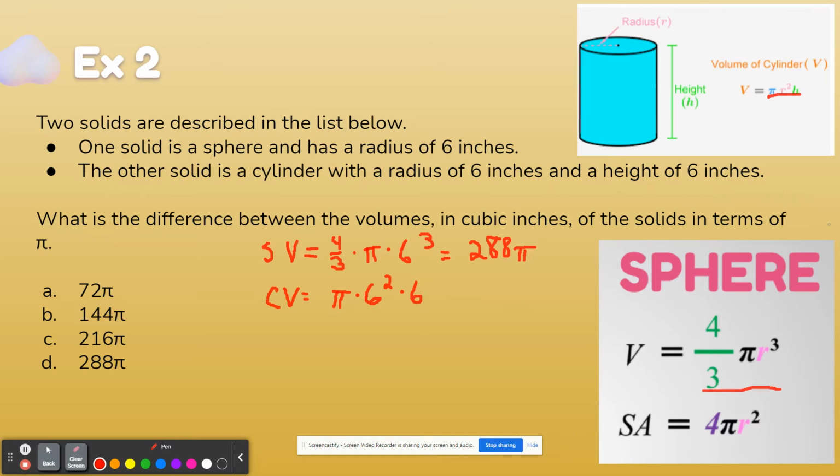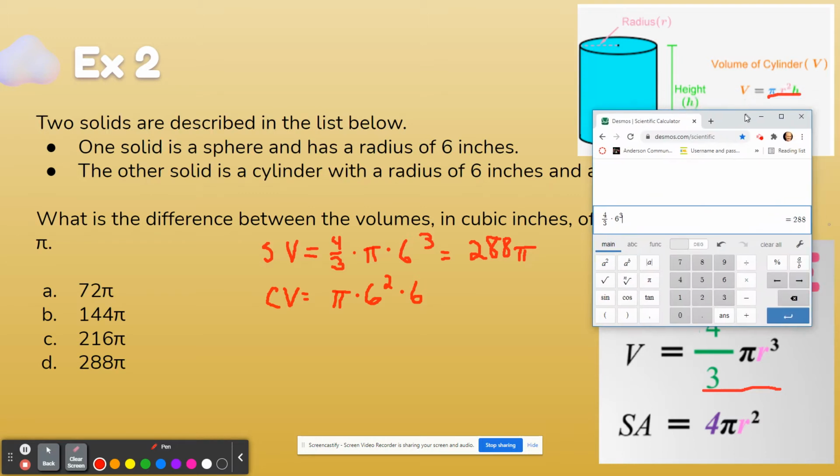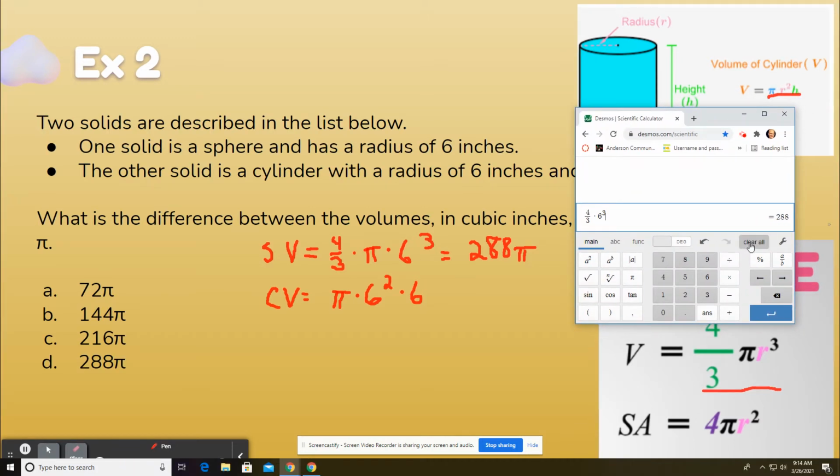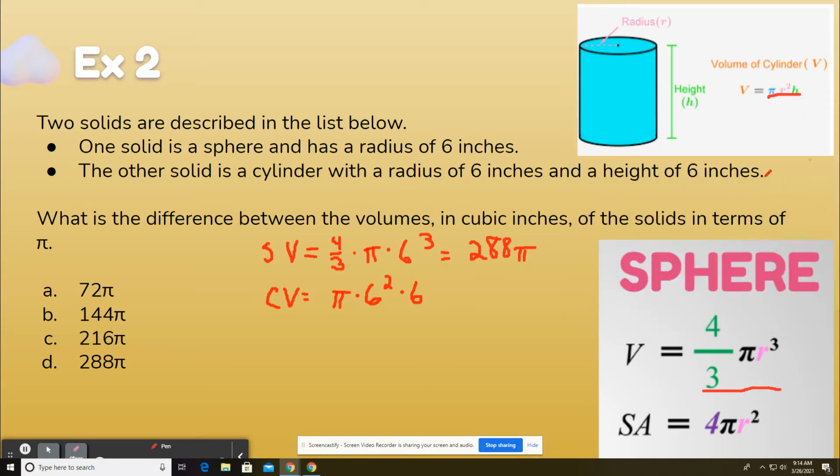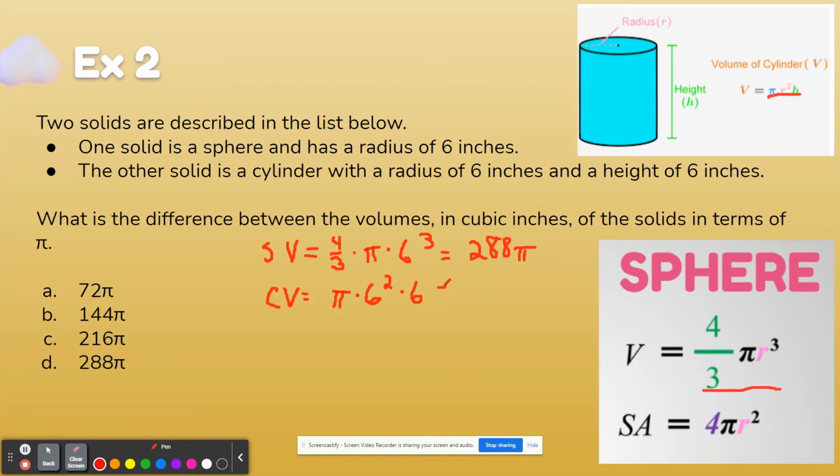So we'll bring back, so we're going to skip pi. We're going to do 6 squared times 6, which gives us 216. And since we didn't do pi, pi stays in our answer.